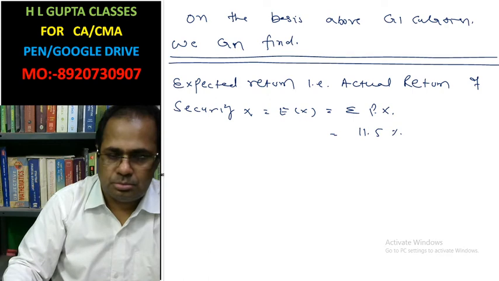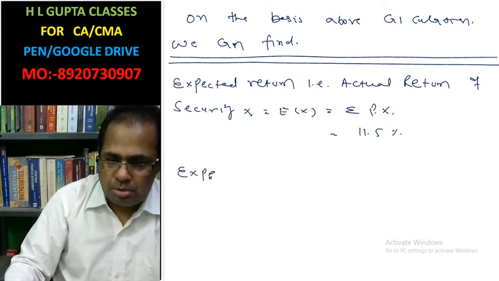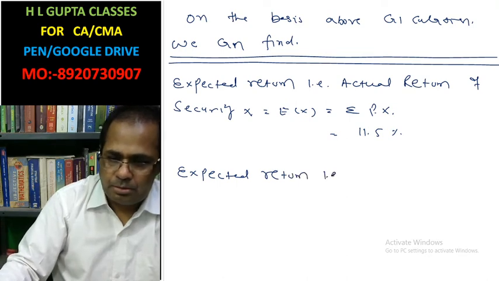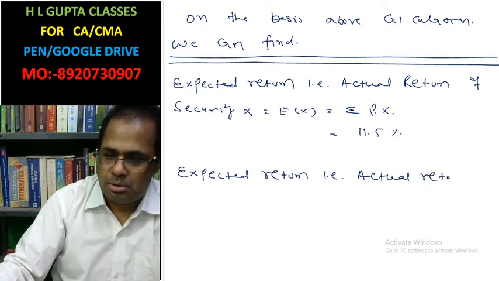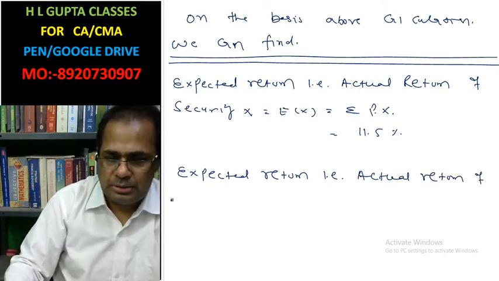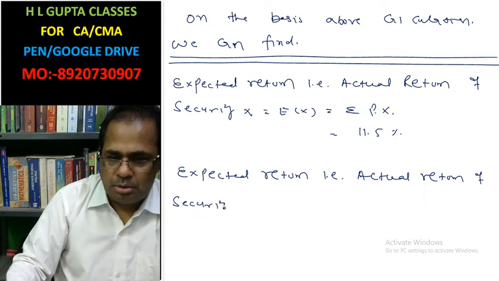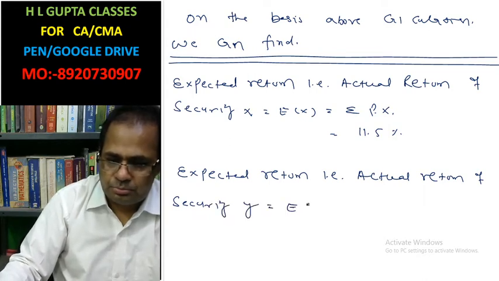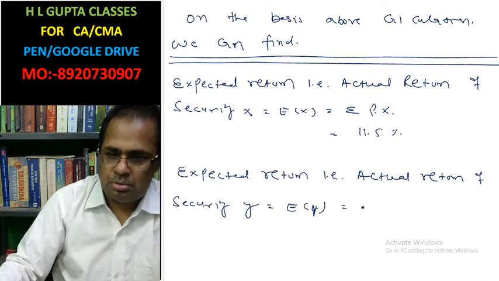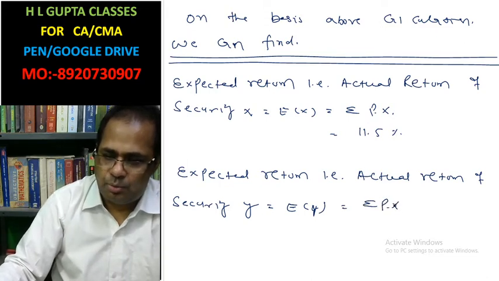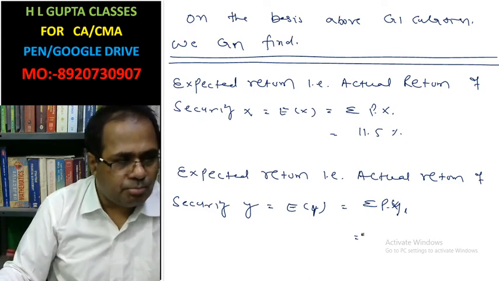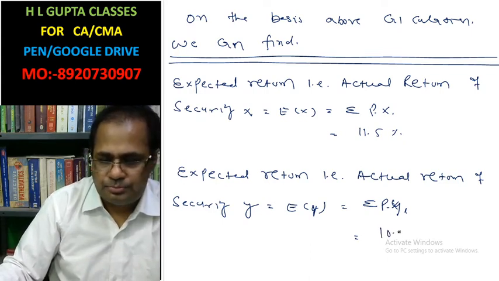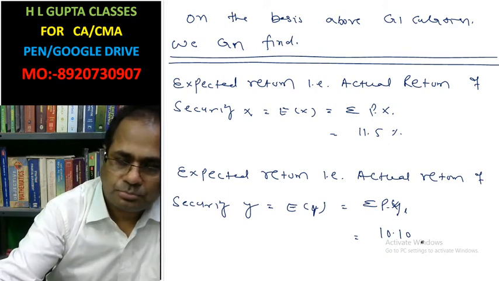This is given here 11.5%. Expected return, that is actual return of security Y, summation pi yi. This is 10.10.